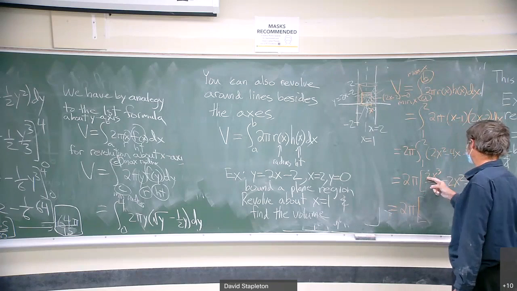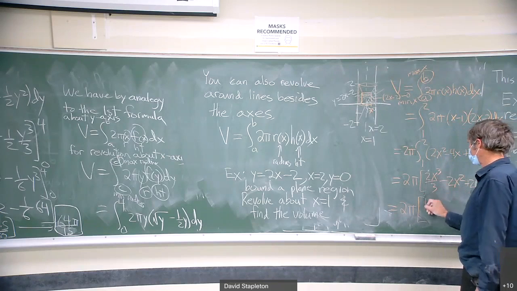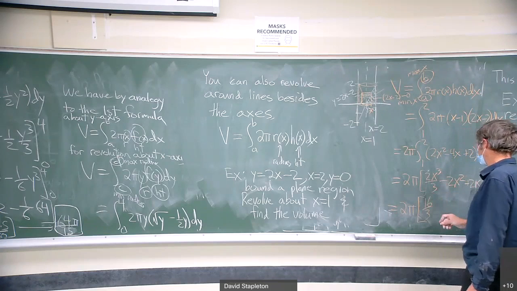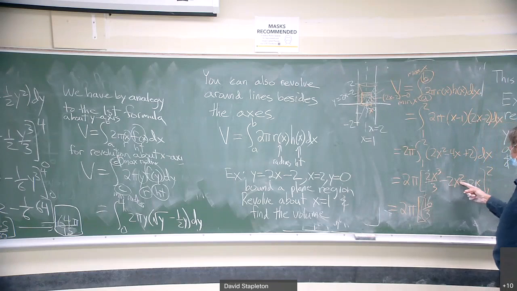So when I put in 2, I've got 16/3 minus 8 plus 4. And when I put in 1, I'll get 2/3 minus 2 plus 2. Putting in x equals 1, and these will cancel.